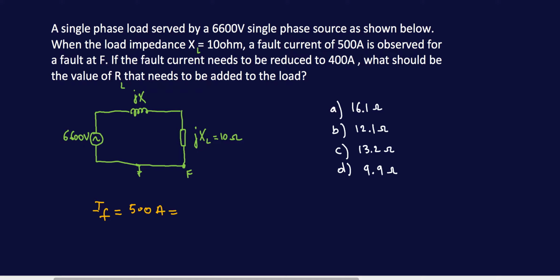Just from a circuit analysis standpoint, the current flowing through here is basically your voltage divided by the sum of your total series impedances. So for the 500 amp fault, we are going to solve for the unknown, which is the series reactance to the load. So we have 6,600 volts divided by x plus 10, right? If you solve for x, this will give you 3.2 ohms.